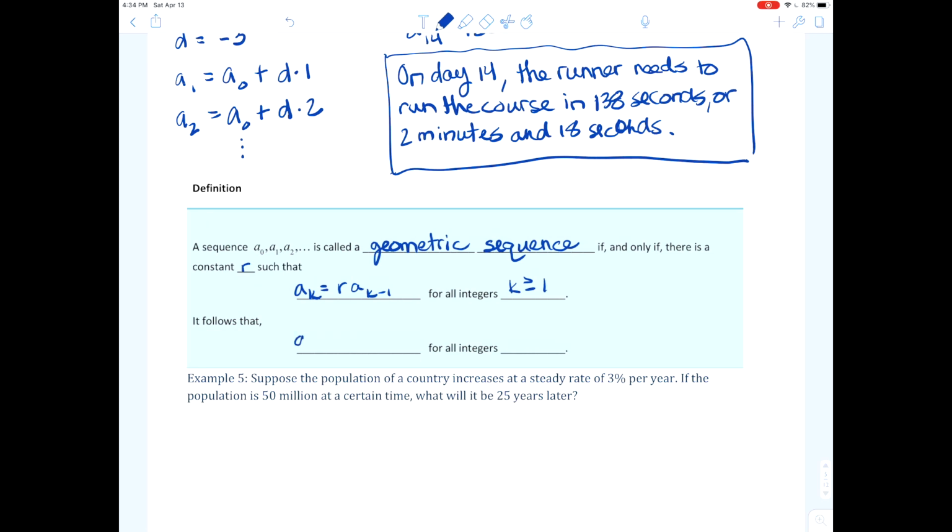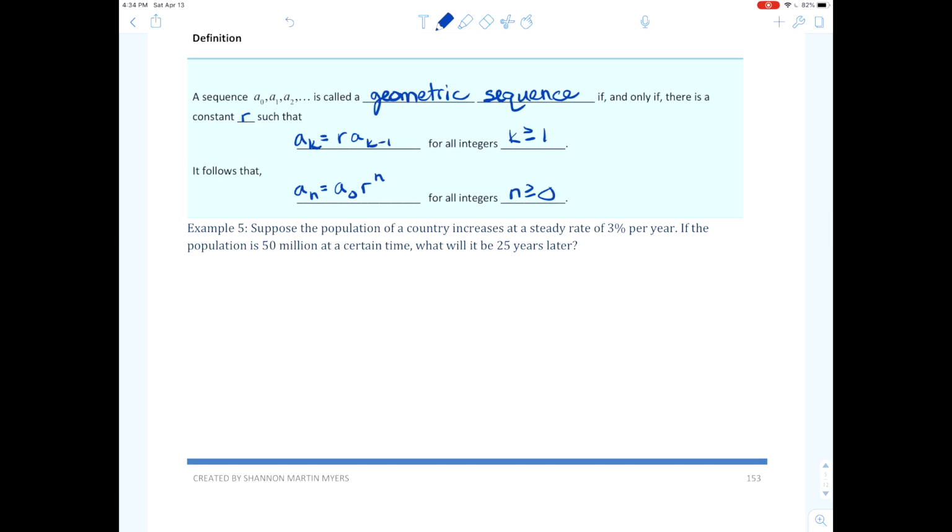It follows that a sub n would be a0 times r to the n for all integers n greater than or equal to 0. So example 5 has us looking at the population of a country. It's increasing at a steady rate of 3% per year. So if the population is 50 million at a certain time, what will it be 25 years later?